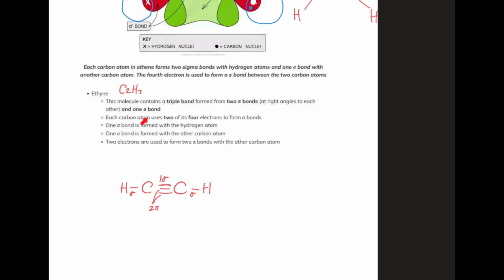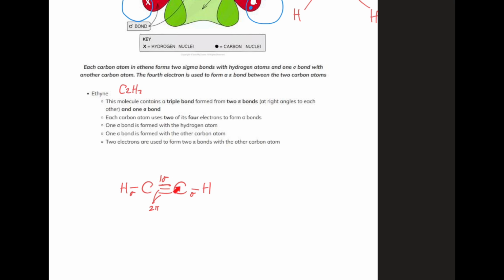At this point they said each carbon atom uses 2 of its 4 electrons to form sigma bonds. So you see this carbon, they use 1 electron to form a sigma bond here, they use another electron to form a sigma bond here. So use 2 electrons, and use another 2 electrons to form pi bonds. So 1 sigma bond is formed with the hydrogen atom, this one, and 1 sigma bond is formed with the other carbon atom.